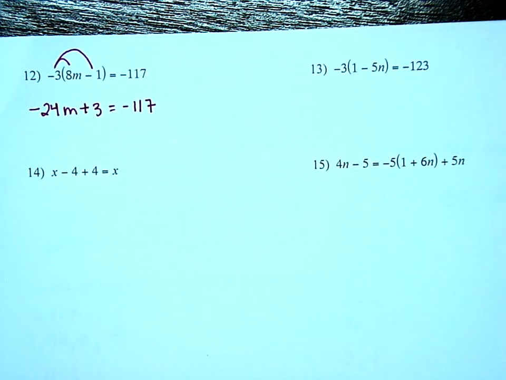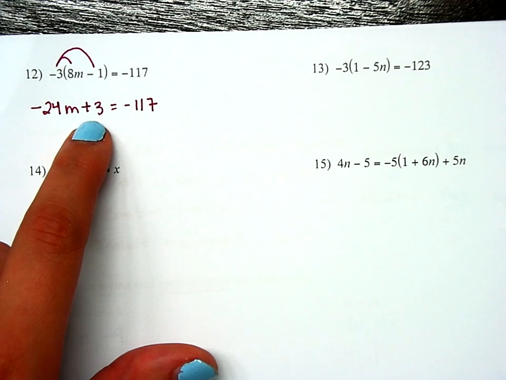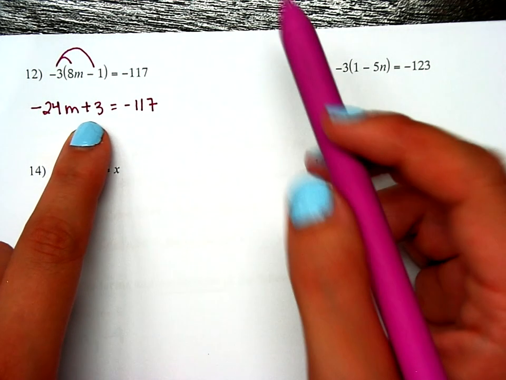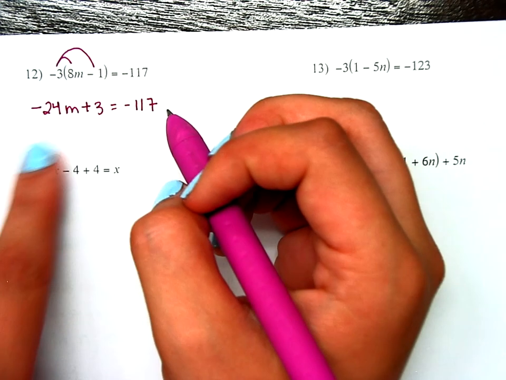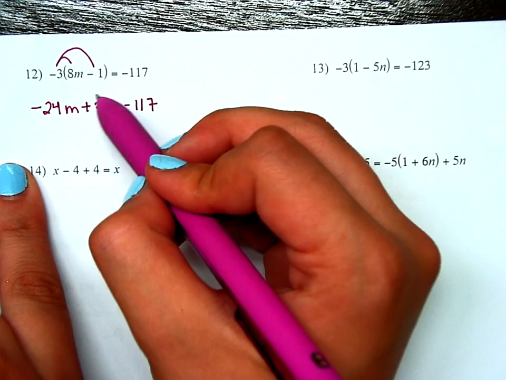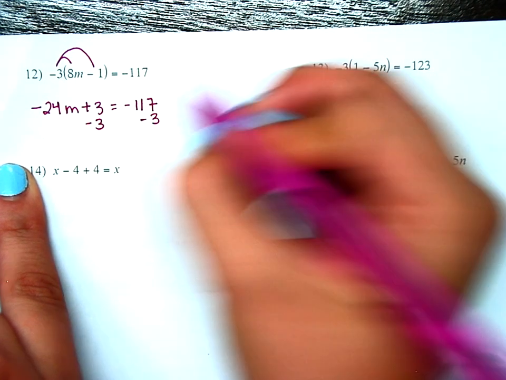Okay, so now I've got to combine like terms if I can. There are no like terms, so I'm good so far. And I only have a variable on one side. Okay, so the next thing to do is undo any addition or subtraction. I see addition right here, so let's undo that, or do the opposite operation. Right?